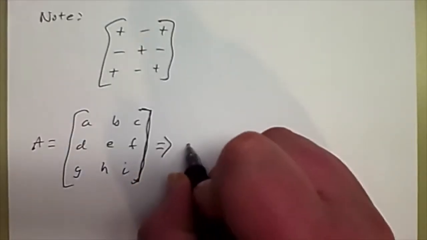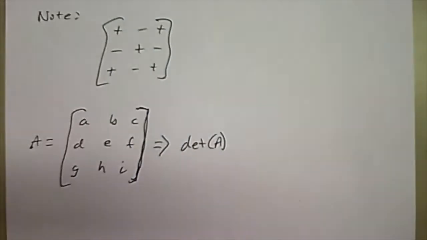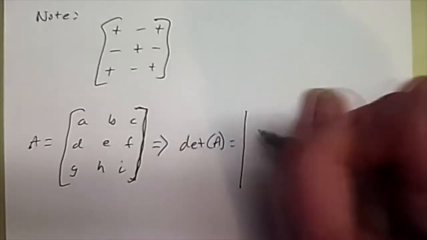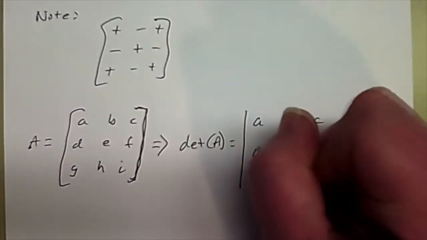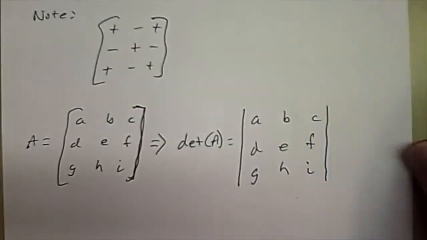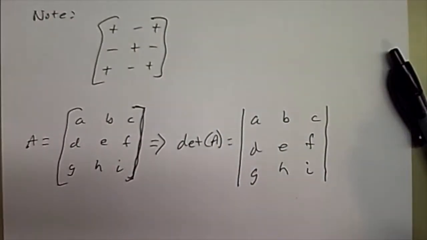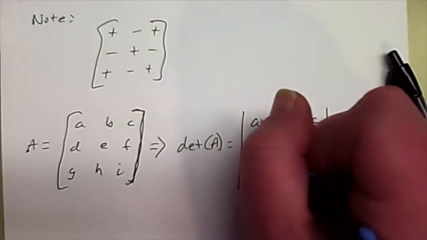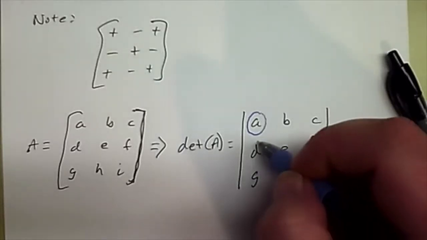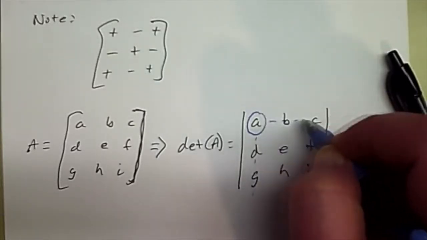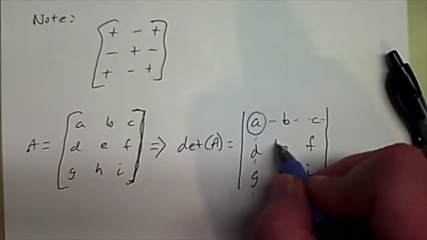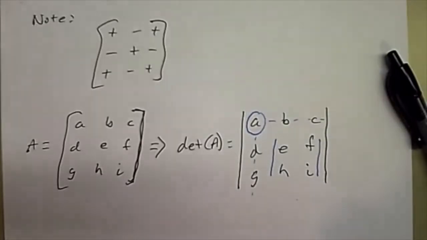So, the determinant of this matrix A, what we're going to do is multiply this guy as a scalar, and I'm going to get rid of the row and the column that's with it, and multiply it times the determinant of the leftovers.